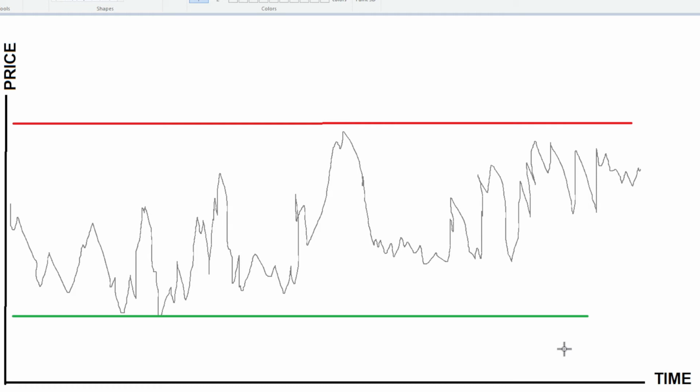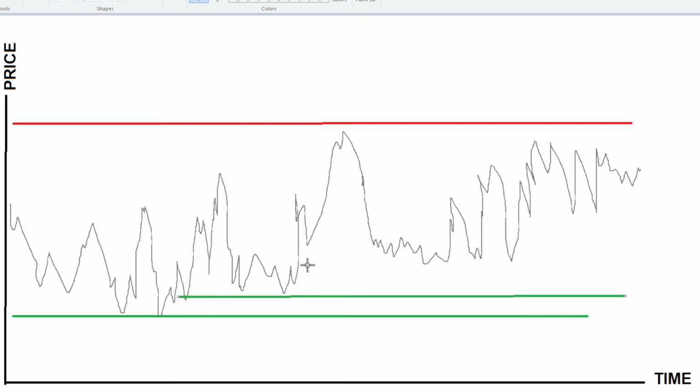We can see something else here though, because from say here to here, this was a level of support, but actually I can draw another new higher level of support right here, right? It has not gone below this level of support after a certain time.